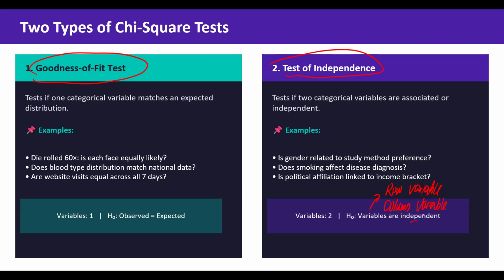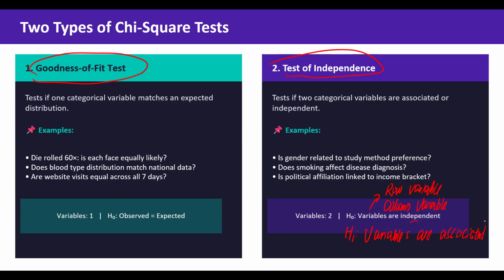And H1 must be that the row variable and column variable are associated, meaning they are not independent, they are dependent.